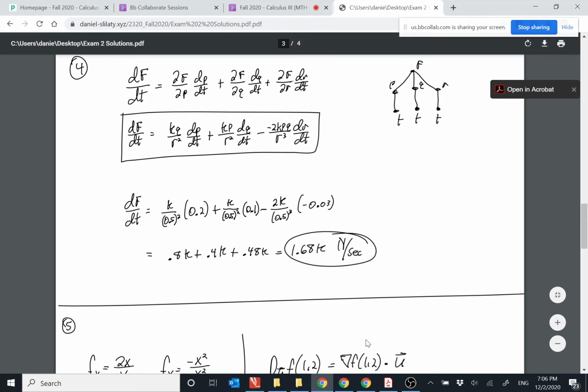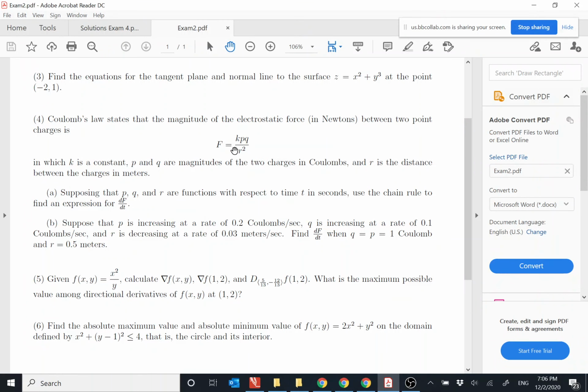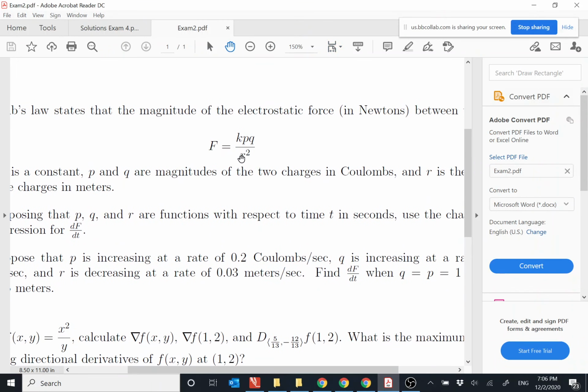Okay, so we had that function, it's right here. R is a constant, so if you want the partial of f with respect to p, r is a constant, k is a constant, q is a constant, so it's just a constant times p. So the derivative is that constant, which is kq over r squared.